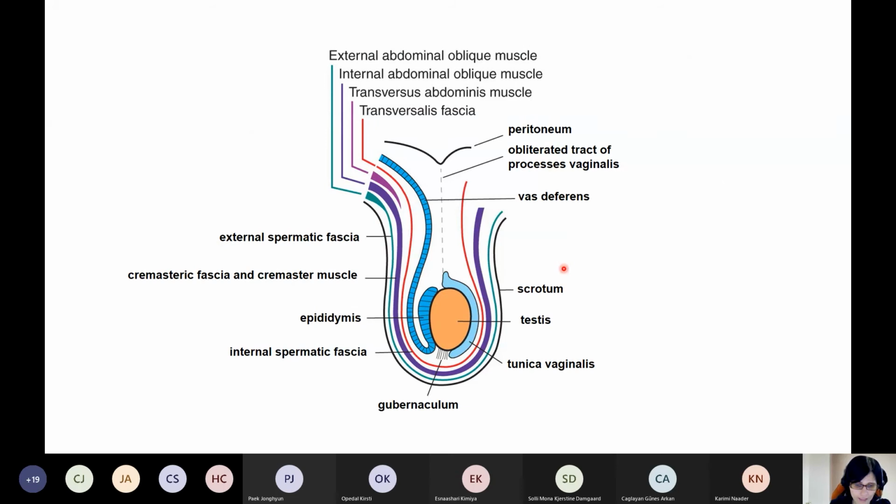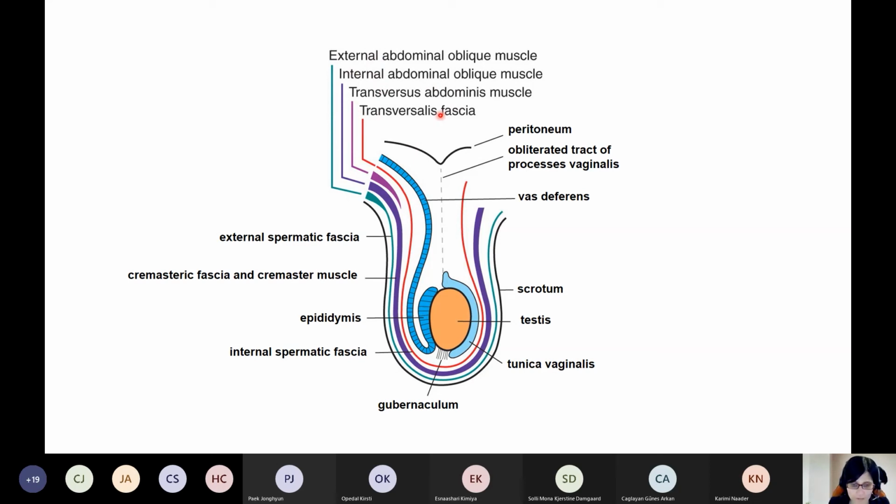If we see that descent, we could understand which layer of the capsules around the testis could be ordered to the layers of the abdominal wall. So here we can see the layers of the abdominal wall: the external oblique, internal oblique, transverse oblique, and its fascia.